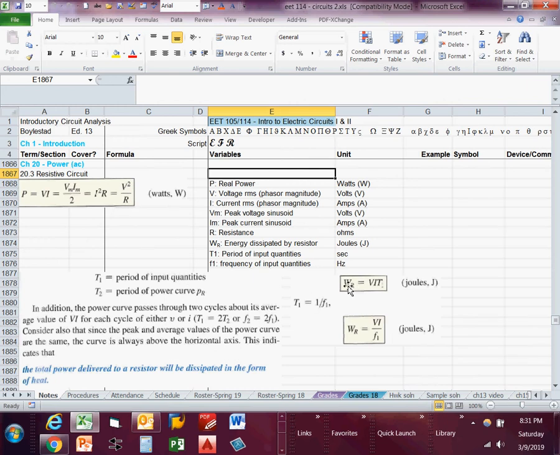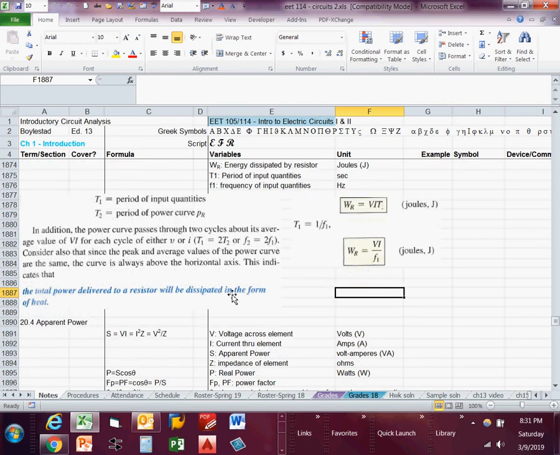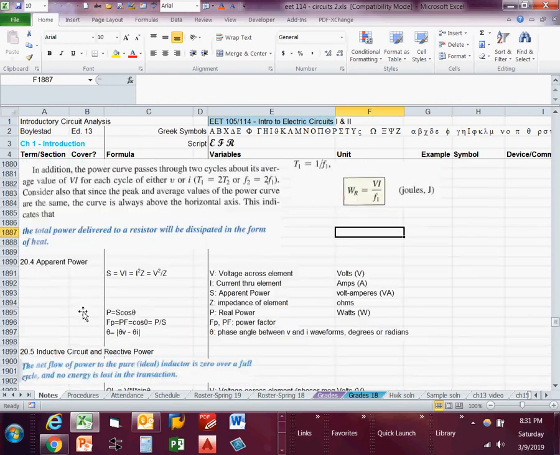The energy W equals VIT, where T is the period, or VI over F, where F is the frequency. Total power delivered to a resistor will be dissipated in the form of heat.